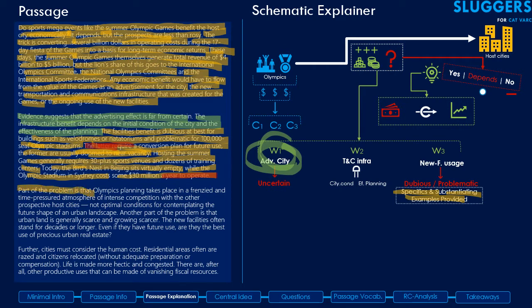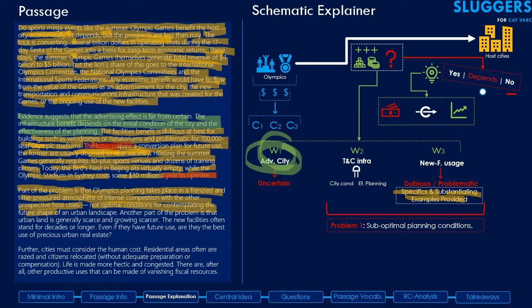Part of the problem is that Olympics planning takes place in a frenzied and time-pressured atmosphere of intense competition with the other prospective host cities, not optimal conditions for contemplating the future shape of an urban landscape. So he's saying that part of the problem here is that Olympics planning, even for the cities that have been awarded the chance, takes place in a very chaotic atmosphere.